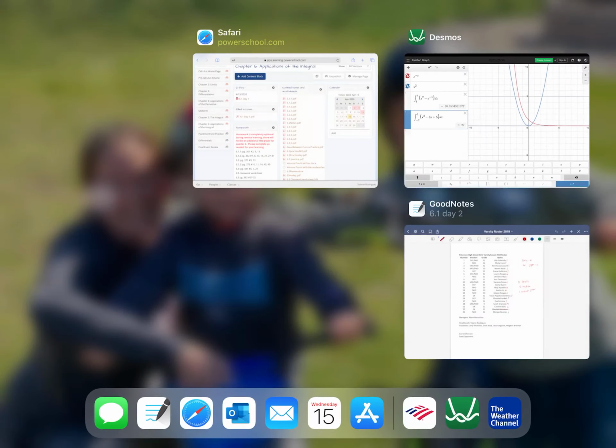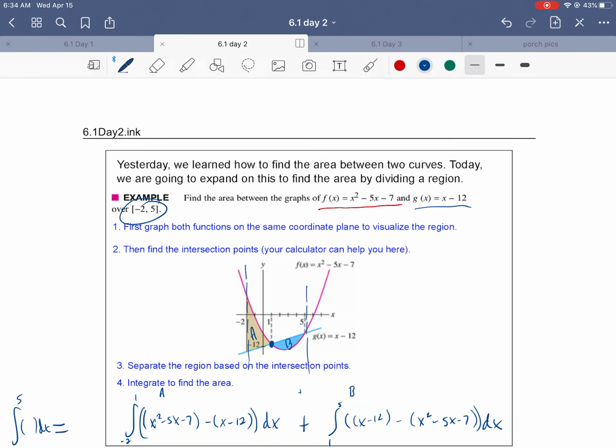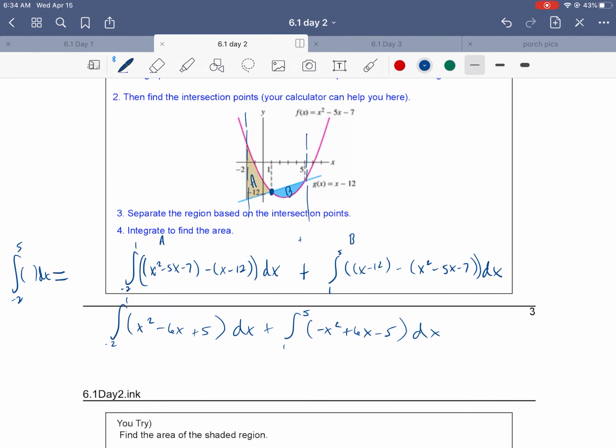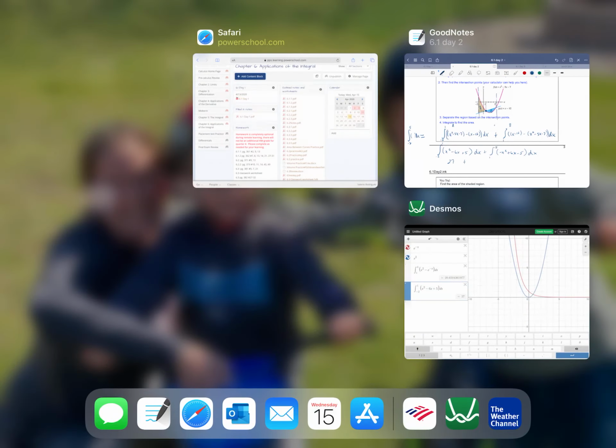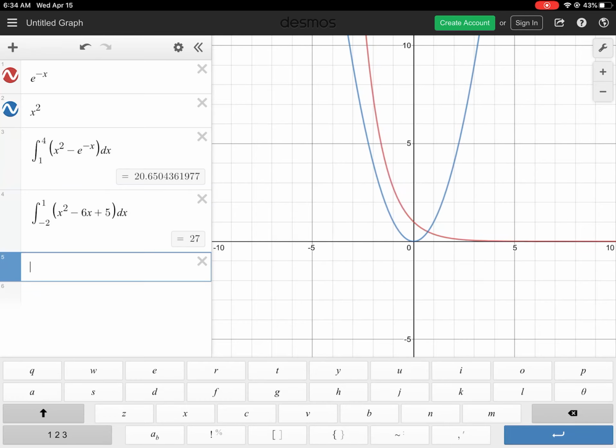Okay, so the first area is 27. Go back and do the second one now.